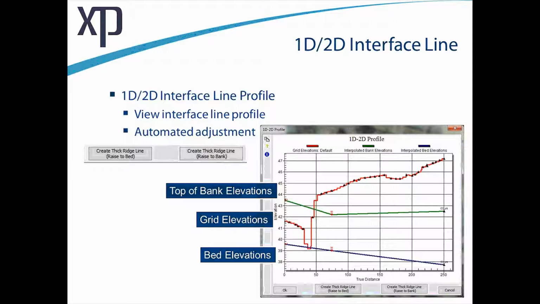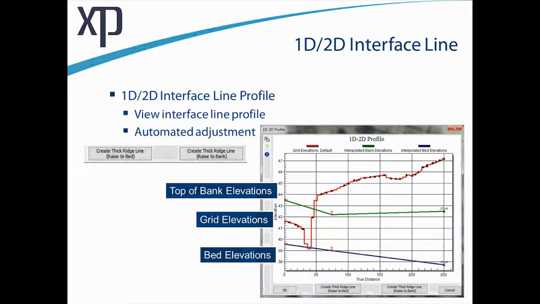So because this gives us some feedback about whether we've set up the model well, or whether those interface lines have been well set up, we've also put in some tools to allow us to fix this. And one way we could do that is to actually create a ridge line, a break line essentially in our 2D surface, and force the 2D mesh to follow the 1D profile.